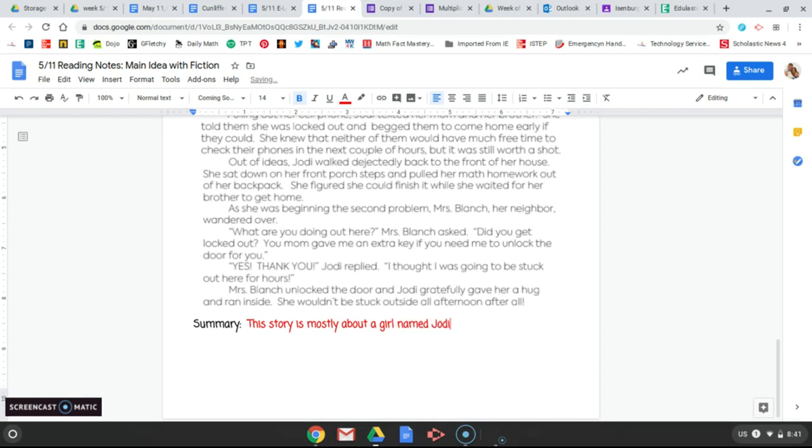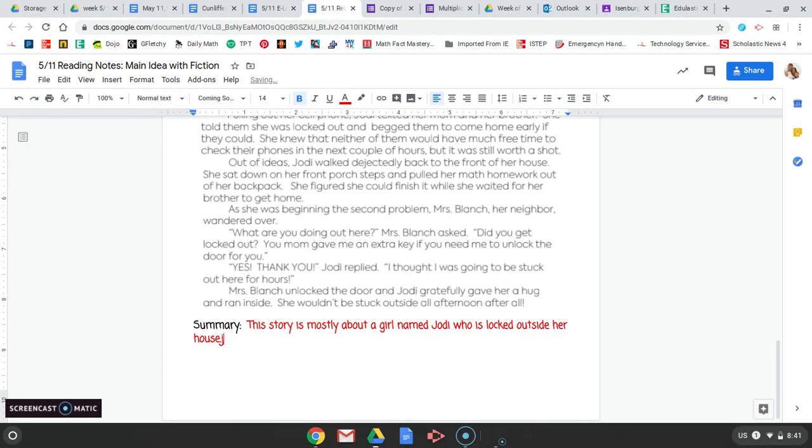So there's our character, who is locked outside. I put outside in there to give a hint about the setting. Who is locked outside her house. So there's my problem too, because she was locked out.